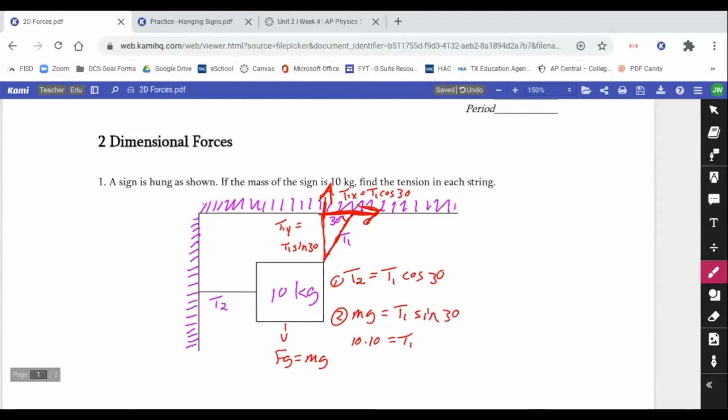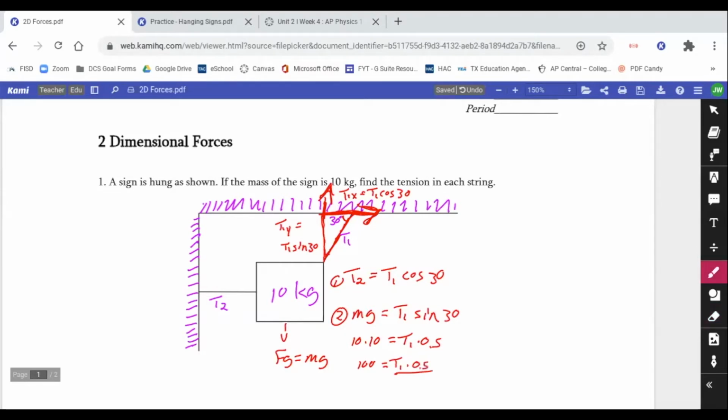I'm going to type into my calculator sine 30, enter, and I got 0.5. So 10 times 10 is equal to T1 times 0.5. 10 times 10 is 100, so I have 100 is equal to T1 times 0.5.